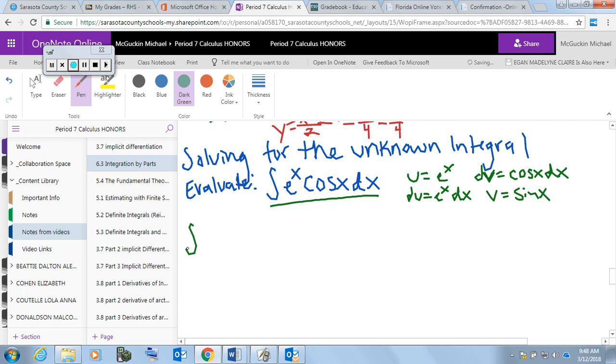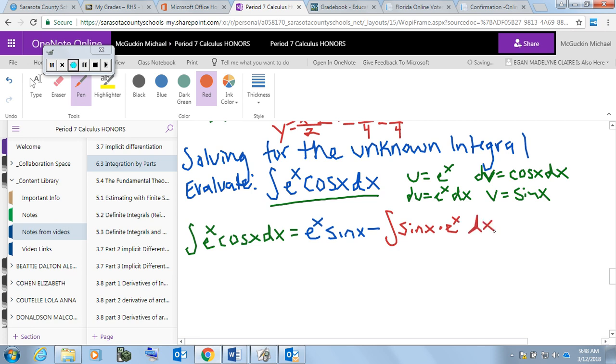So it is true that the integral of e to the x times cosine of x dx is equal to the by parts formula, uv, e to the x times sine of x, minus the integral of v times du. Don't forget that dx. So v times du.